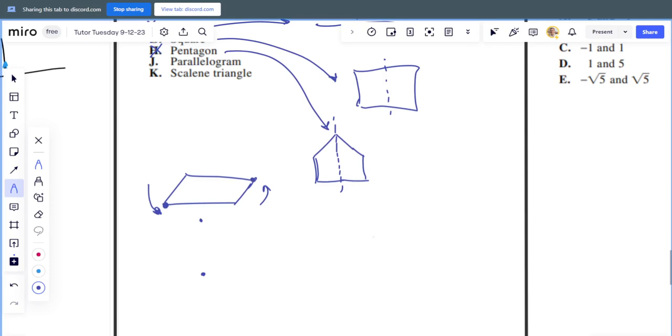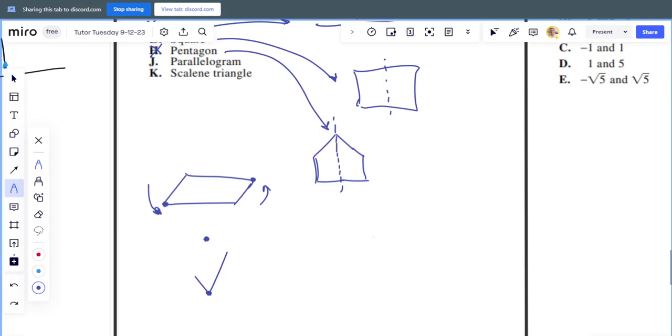It's very hard to visualize actually. Maybe it looks like this.